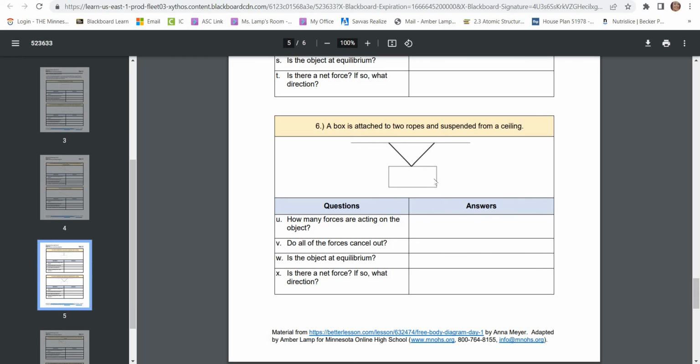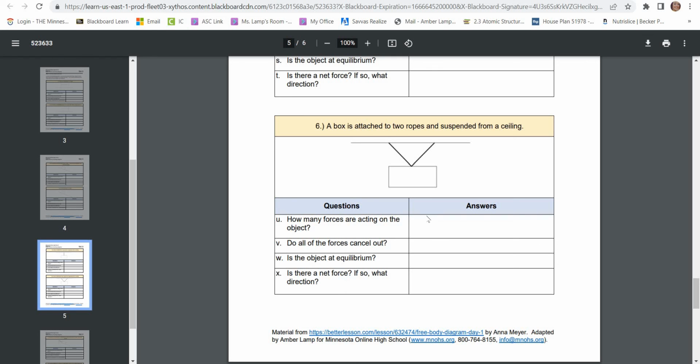So you're going to have horizontal and vertical components to this rope as well as this rope. Kind of like a triangle, if you want to think of it that way. And those 2 ropes, or the cumulative forces of those ropes, is going to oppose gravity, which is going to be pulling down. And then you'd answer this just similar to how we did with the last problem.